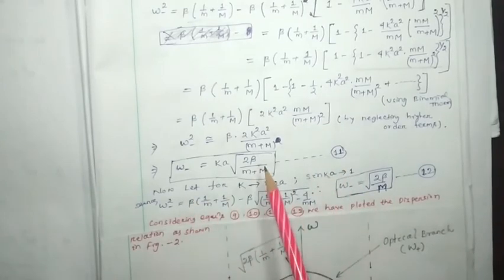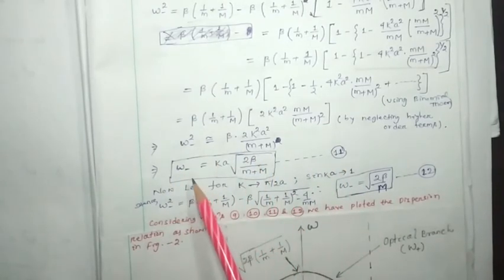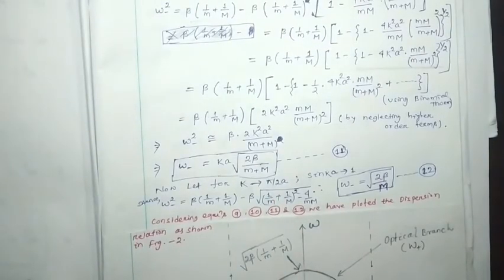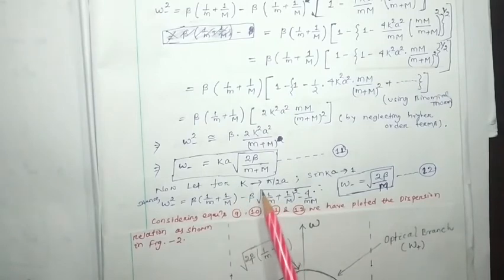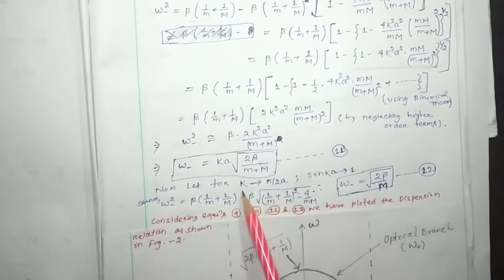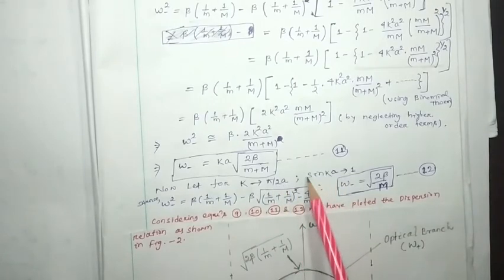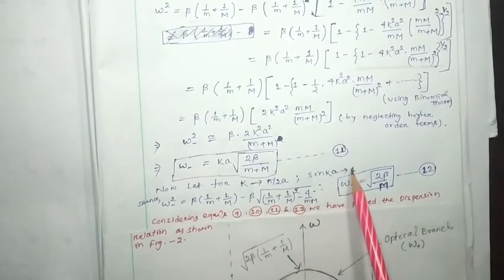Here we got that non-zero value of omega minus. Now let k tend to pi by 2a. So if we consider k tends to pi by 2a, then sin k will be equal to 1.